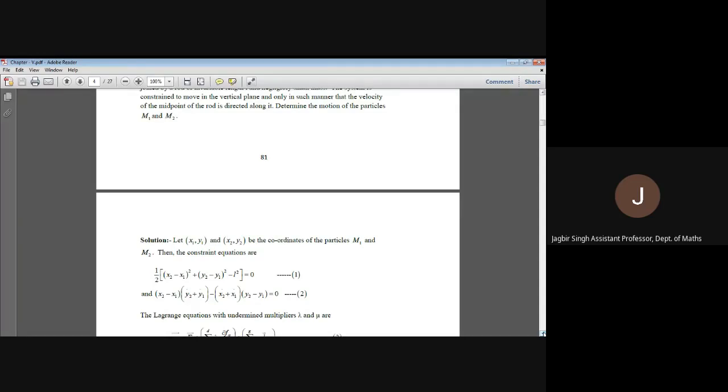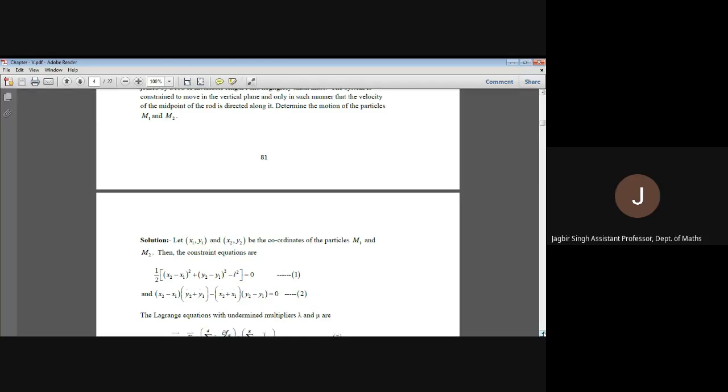The second constraint was (x1 dot plus x2 dot) upon (y1 dot plus y2 dot) is equal to (x2 minus x1) upon (y2 minus y1). Cross multiplying and placing all the terms on the left hand side, we obtained (x2 minus x1) into (y2 dot plus y1 dot) minus (x2 dot plus x1 dot) into (y2 minus y1) is equal to 0.